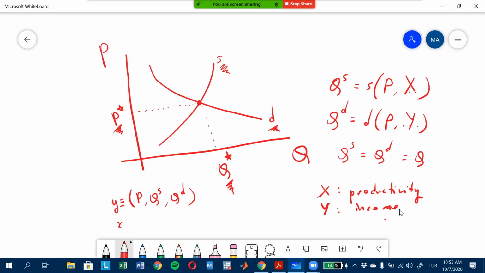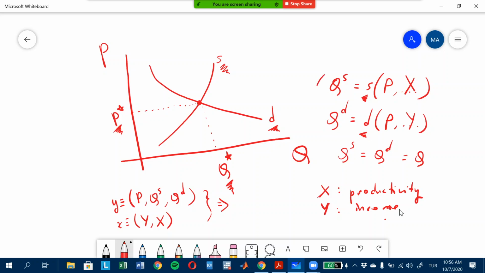Your exogenous variables would be income and productivity, right? And then there will be some structural parameters in your D function and in your S function. So at the end, you can use these equations and these definitions together.